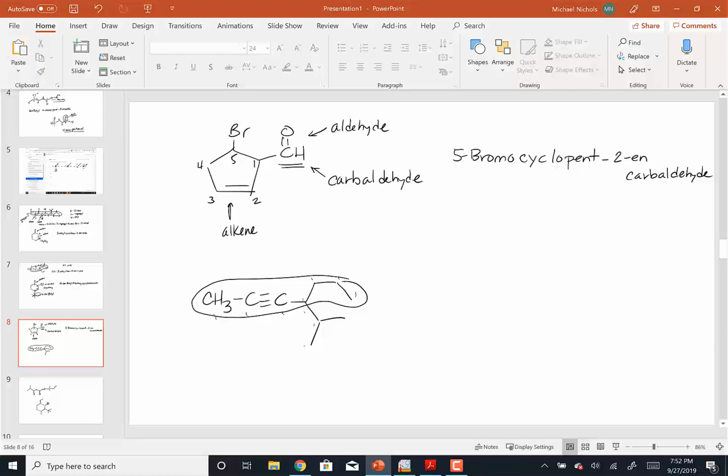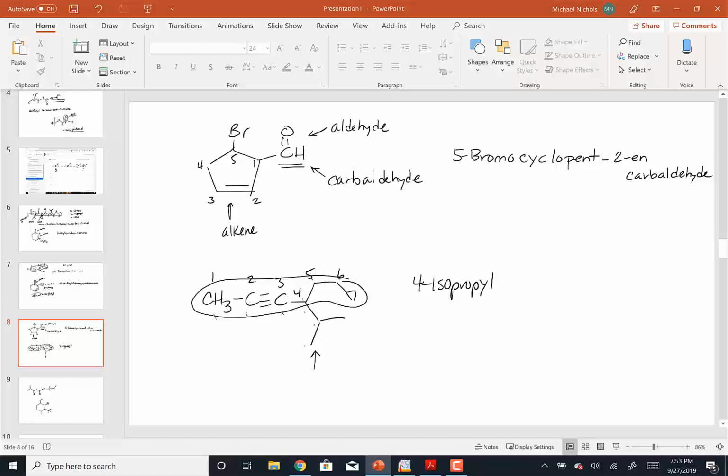Okay, and so we're going to number from the end closest to the triple bond, which in this case is going to have to go 1, 2, 3, 4, 5, 6, and 7. All right, so we've got a 7-carbon chain. We have one substituent at carbon 4. This substituent is an isopropyl group. So we have a 4-isopropyl.